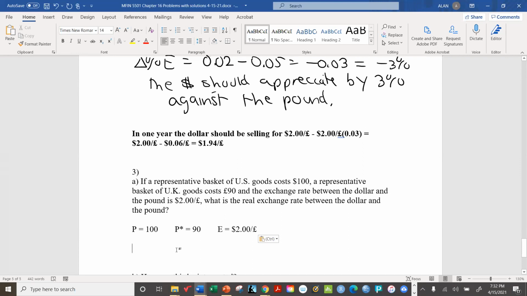All right, so we remember, I hope, that the definition of the real exchange rate, Q equals E P star over P, which is 2 times 90, all divided by 100. So that's 1.80 US baskets per UK basket.